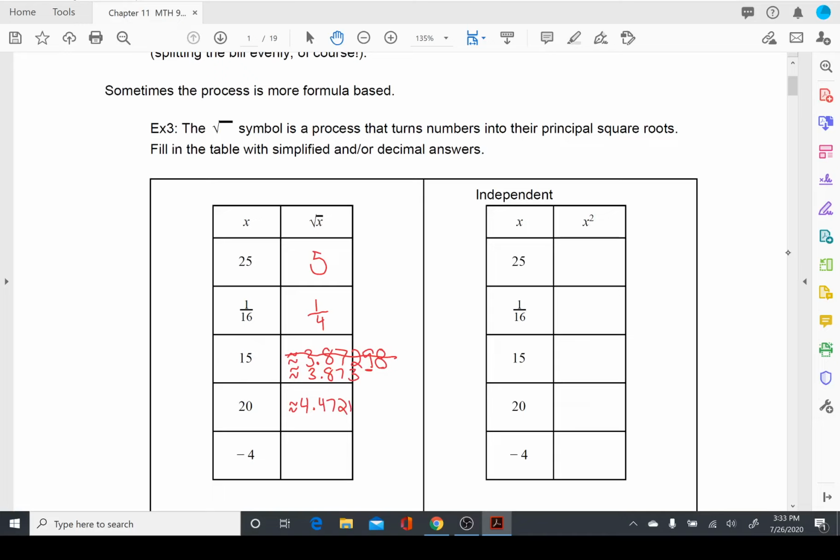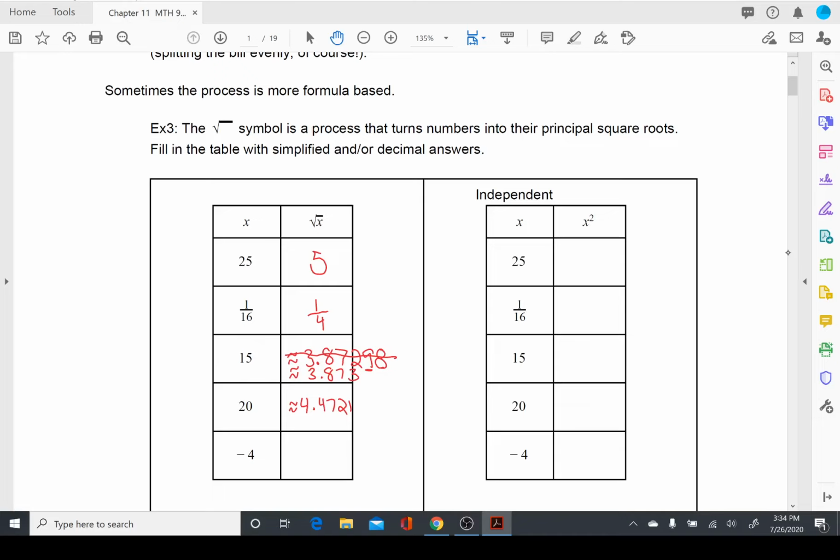The square root of negative 4. Oh, geez. That's unpleasant, because 2 times 2 makes 4, which is nice. Negative 2 times negative 2 also makes 4, but positive 4. So there's no way to make negative 4 and be happy with real numbers.